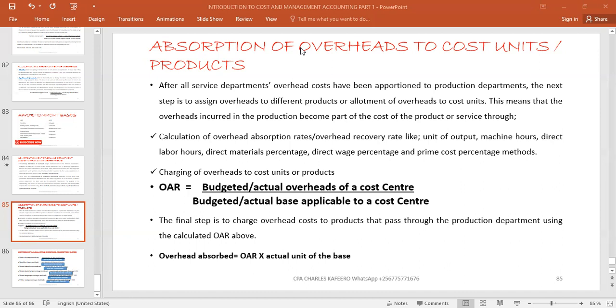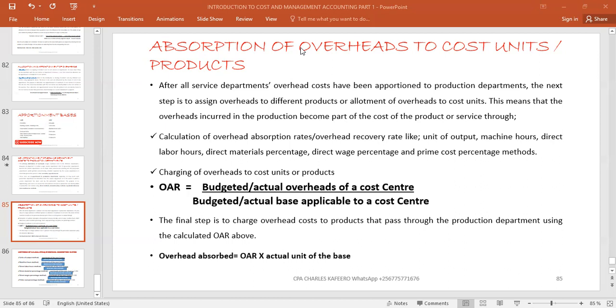We are finding the costs that are constituted in the outputs we've produced. This means that the overheads incurred in the production become part of the cost of the product or service through the following two steps.